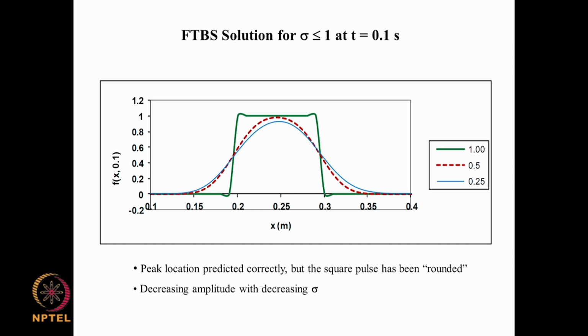For example, if you take a specific scheme like FTBS, and reduce the Courant number, that is reduce the Δt, we are expecting a more accurate solution. We are not really getting that.